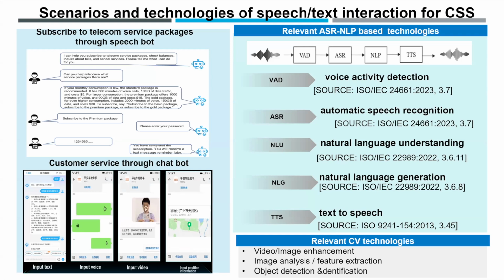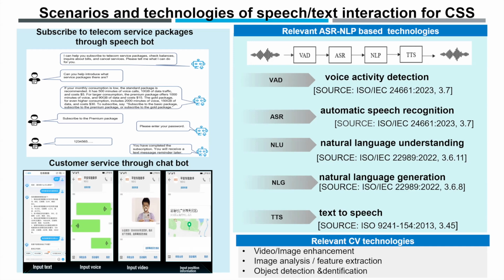And here is the scenario and technology of the speech or text interaction for customer service. In this figure, we can see there are several types of speech or text interaction for the chatbot.